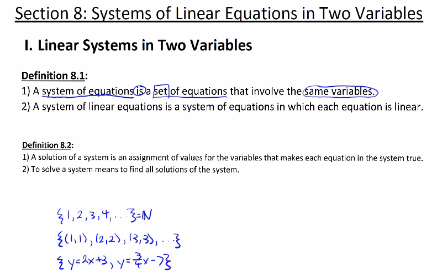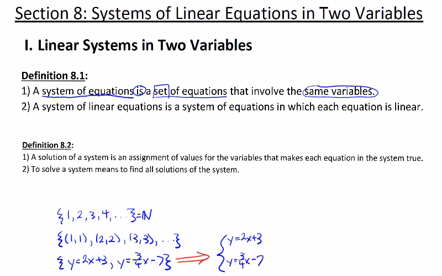Now I will say this, when we're talking about sets of equations, we typically don't list them horizontally like this, but instead we do it this way. We will make a larger curly brace for the left side, and then we'll list the equations vertically, and then we don't have to separate them with a comma when we do it like this.